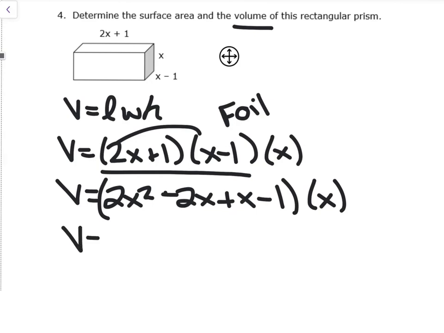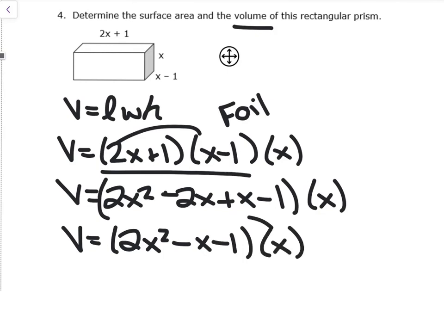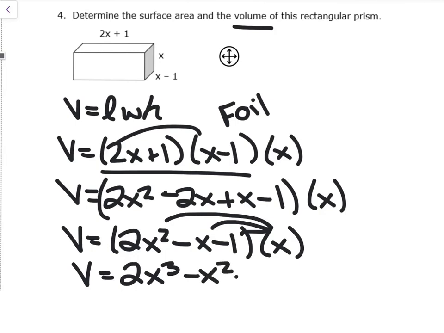Collect the like terms in the brackets, so we get 2x squared minus x minus 1. And then now you're going to multiply everything in the brackets by x. So we end up getting 2x cubed minus x squared minus x as our final answer for the volume.